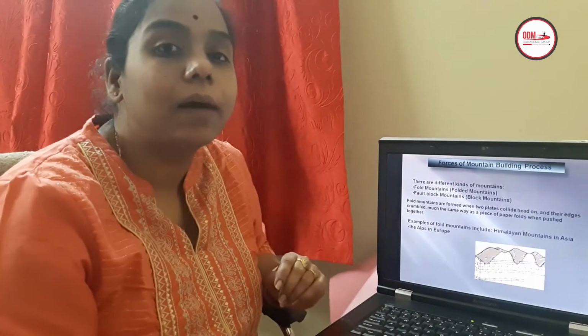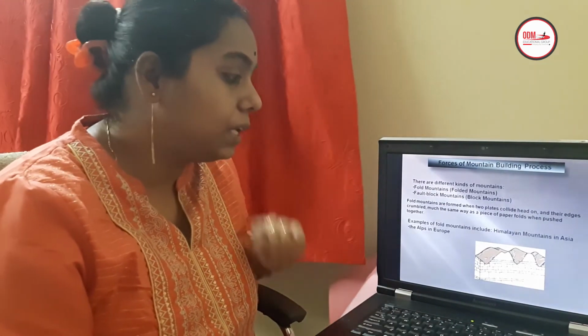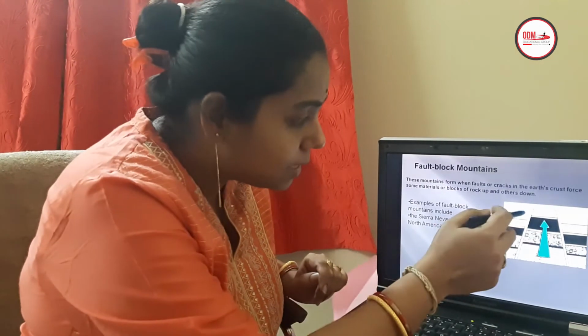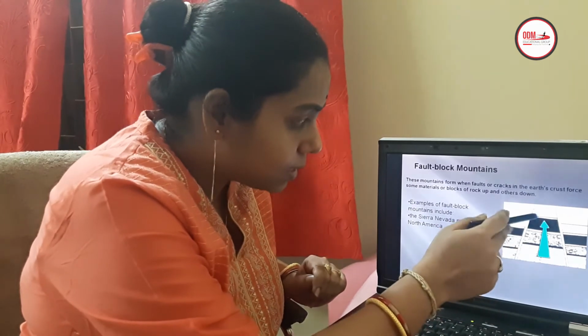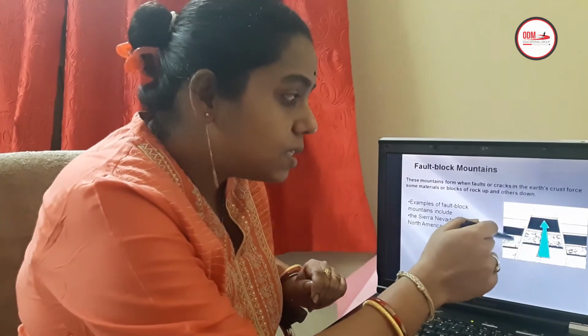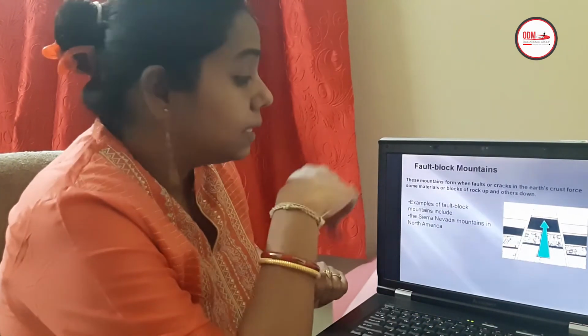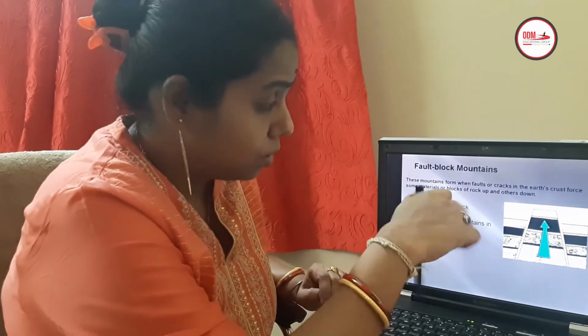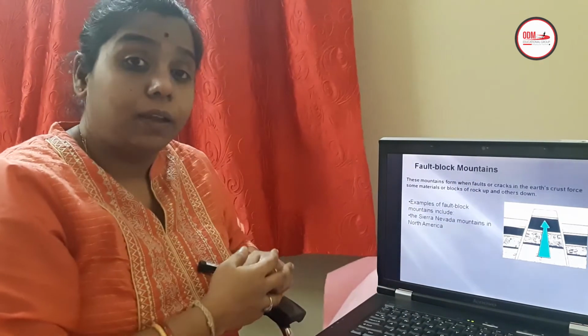For example, Himalaya is a folding mountain. And if you find a fracture block, you will see the fracture. This fracture has given several rift valleys, like Narmada Rift Valley in India, the biggest rift valley. In the cracks, either rivers are formed or big fractures are formed.